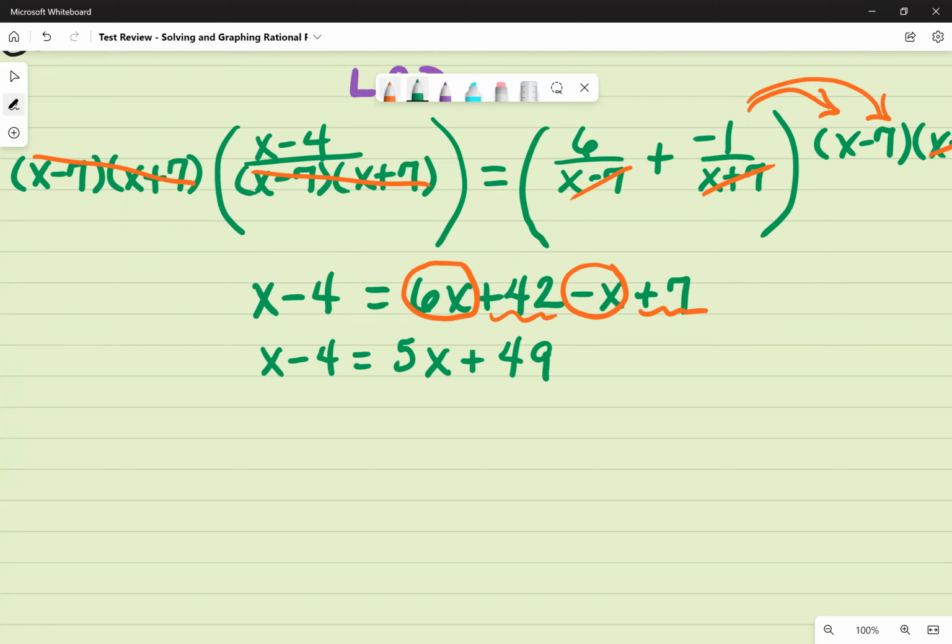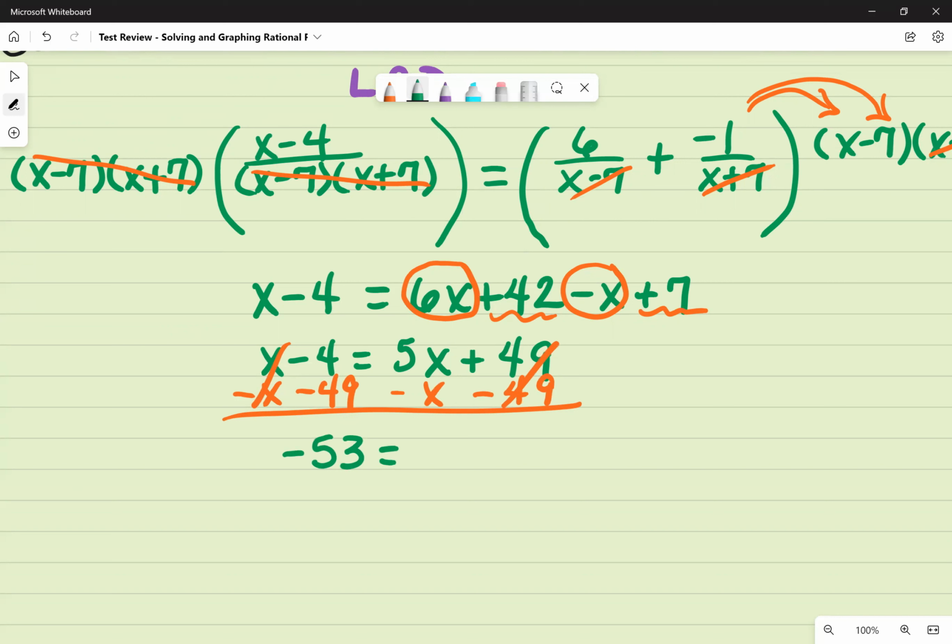I still have an x on one side of the equal sign and on the other side, so I need to combine them. So I'm going to subtract x on this side, and then I'm going to subtract 49 on this side. So now my constants and my x's are canceled out on either side, and I am left with simplifying negative 4 plus negative 49, which is negative 53.